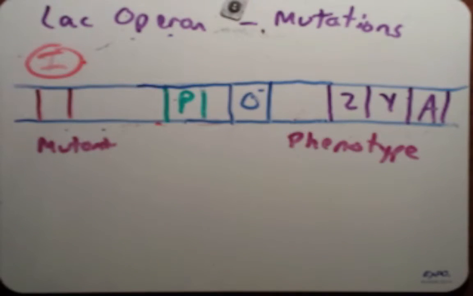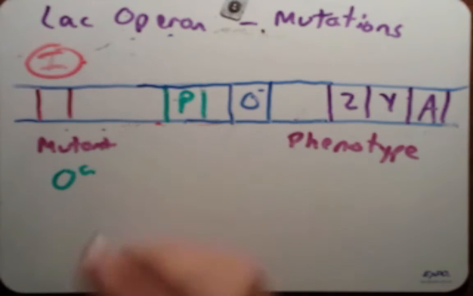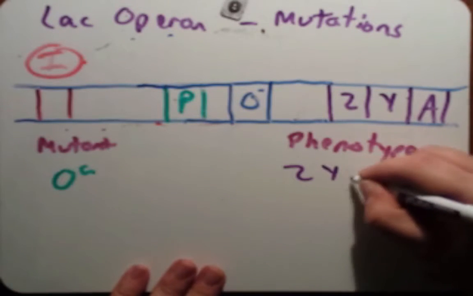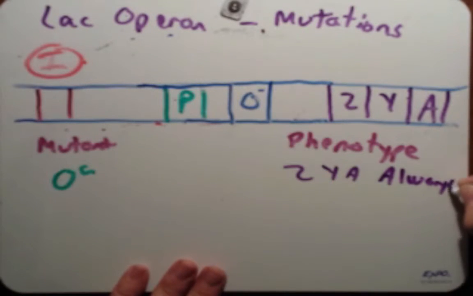This one that I want to talk about now was called an OC. O for operator, and C because it is constitutively active, meaning that in this mutant, ZYA is always expressed.